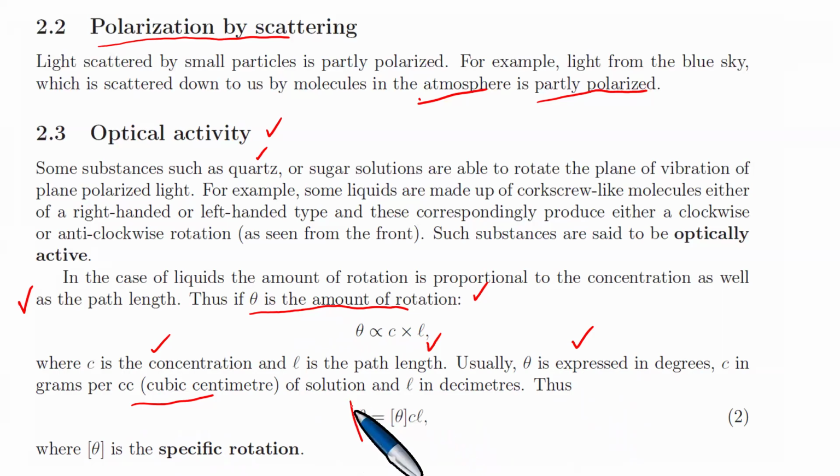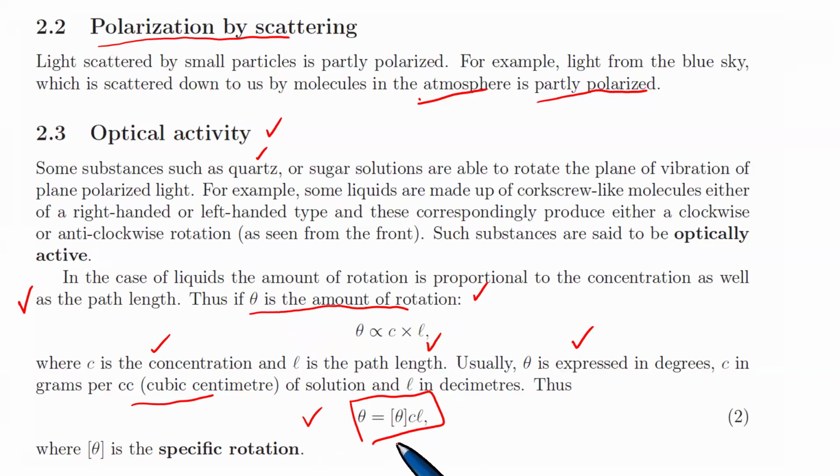Thus, we're able to write theta in terms of the concentration times the path length, where theta in square brackets is the specific rotation. The theta that is not in brackets is the amount of rotation.